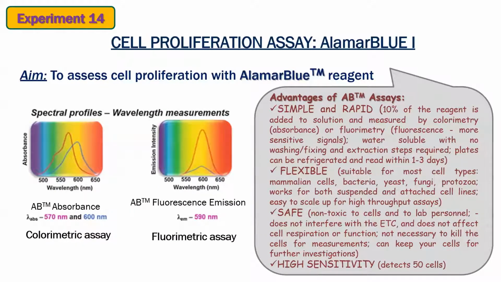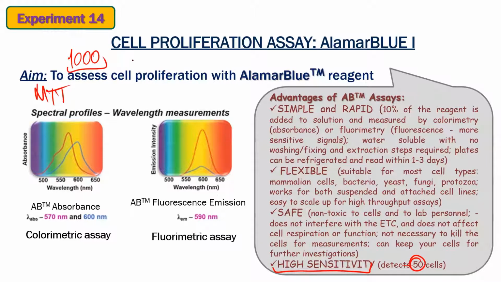Okay, so why would you want to use it? Of course, it is because you have a high sensitivity of this method. When we talk about this high sensitivity, we talk about the resolution of 50 cells for Alamar Blue. If you use MTT, it has a resolution of about 1,000 cells.